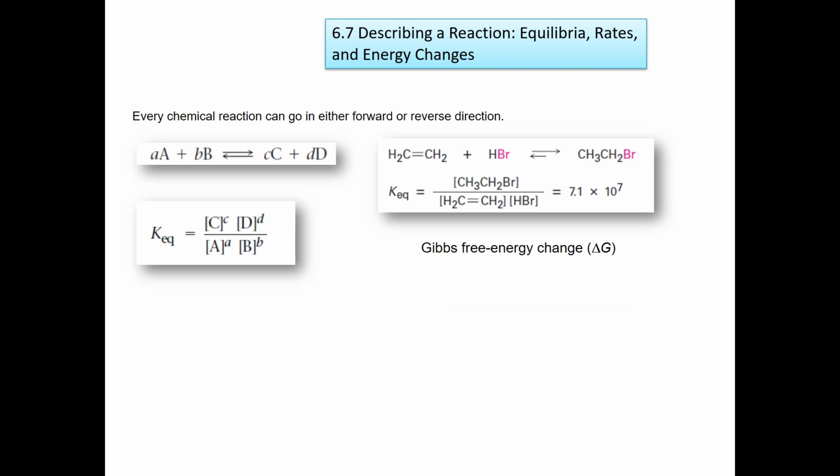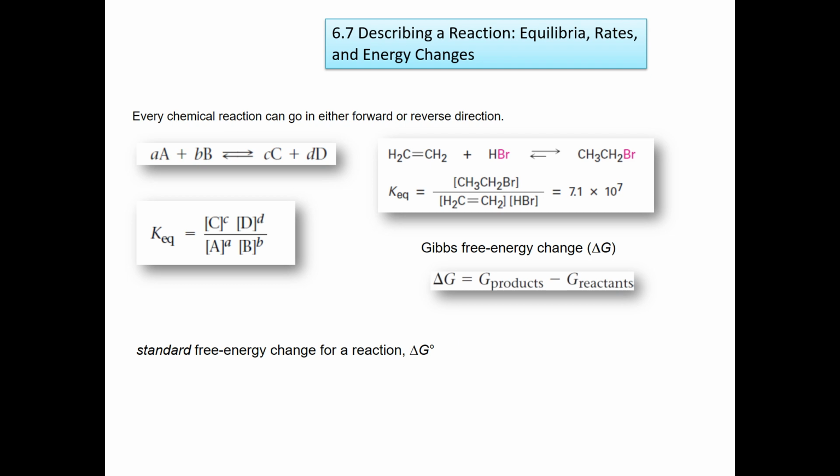We can define the Gibbs free energy change, that is the Gibbs free energy of the products minus the Gibbs free energy of the reactants. We define the standard free energy change for a reaction as variation of G standard, that is at 25 degrees, 1 atmosphere, and pH 7.